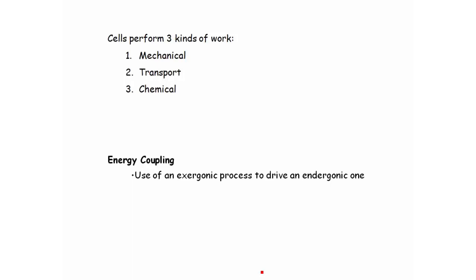Now, because we have these 3 different types of work, inside the cells we will be utilizing a process called energy coupling. Energy coupling is basically going to take an exergonic process and use it to power an endergonic process. So these 2 reactions are really going to take place side by side, hand in hand with each other. The exergonic process always releases energy.